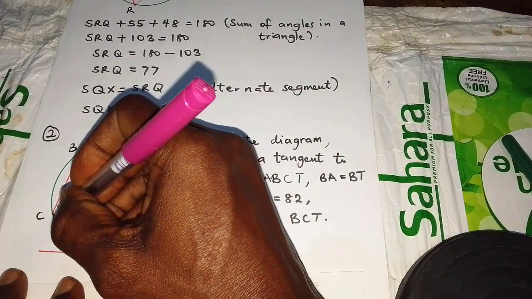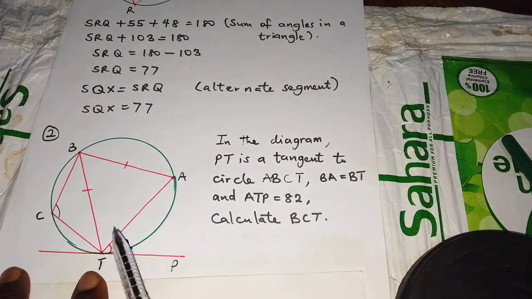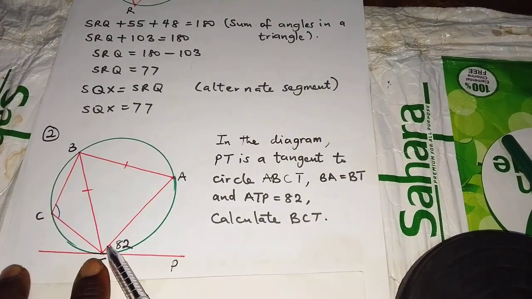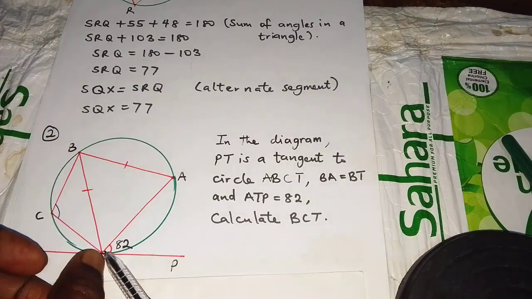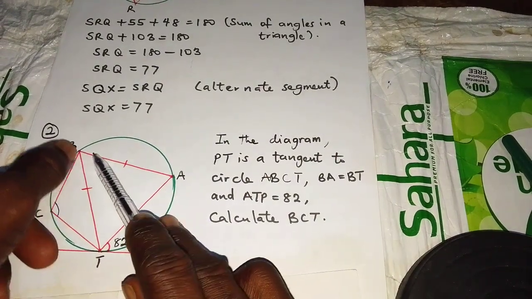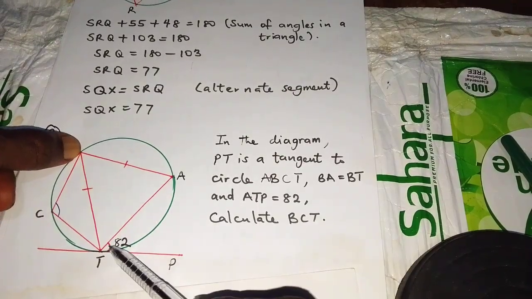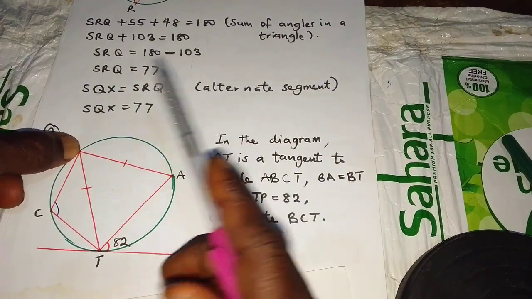Now, before you can calculate this angle, first of all, you know this angle is 82. This is a chord, this is a tangent. This angle here should be equal to the angle this chord makes with the circumference, since this chord makes this triangle. They should be equal. Why?